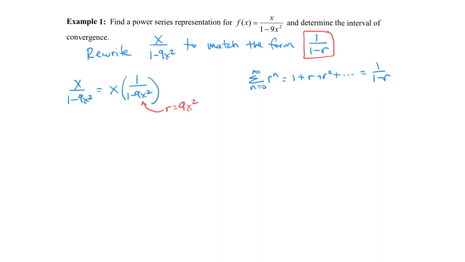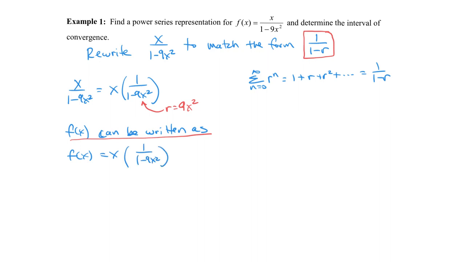Okay, so this means that our function f of x can be written as f of x equals x times 1 over 1 minus 9x squared.